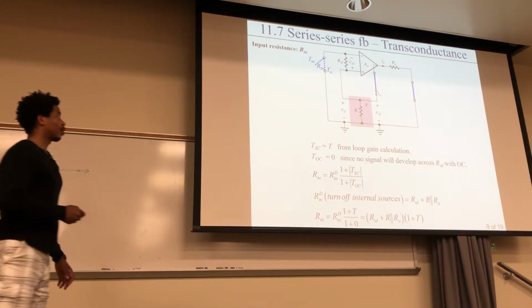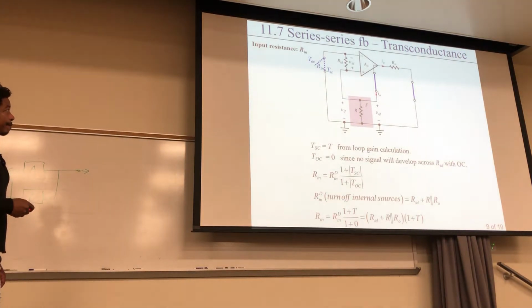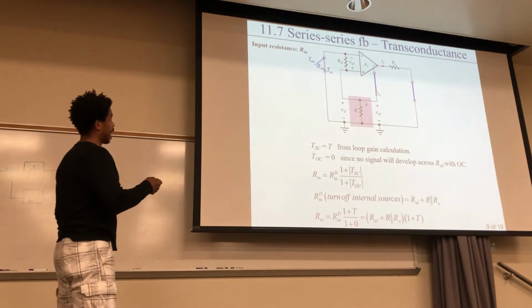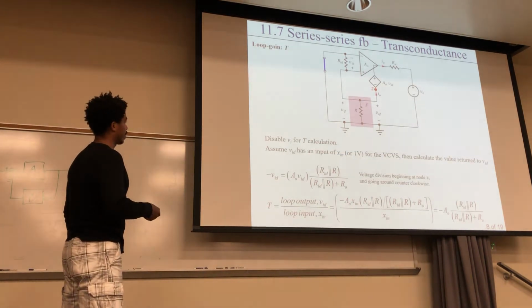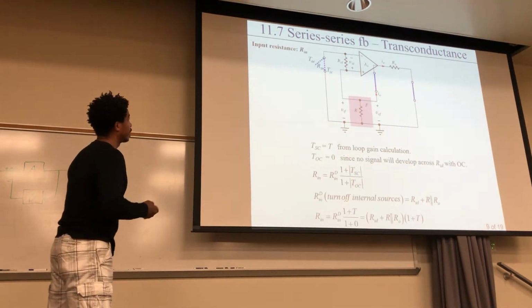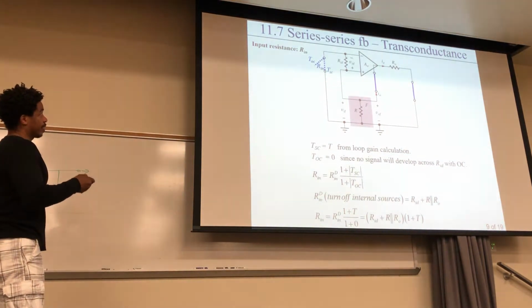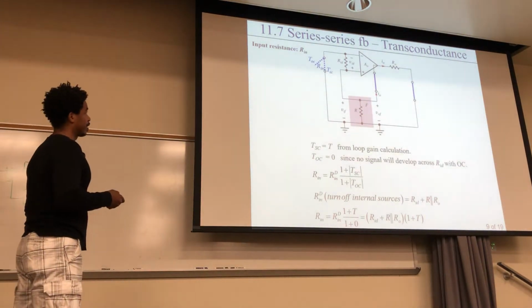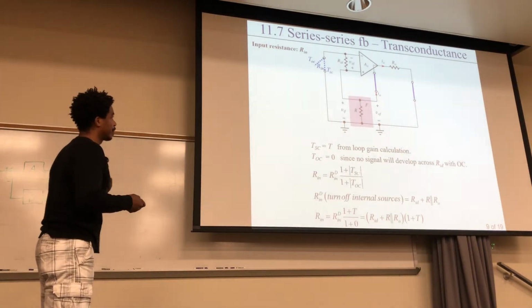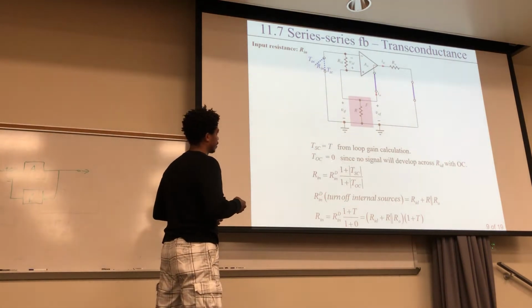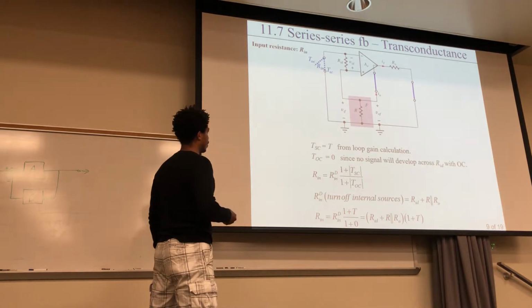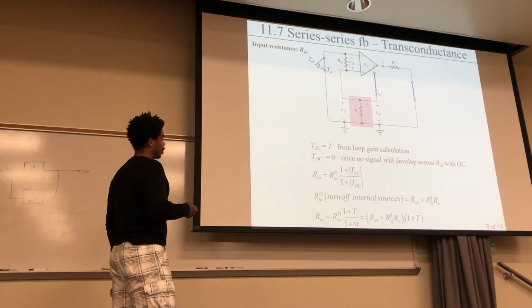Okay, so when you have a short circuit, which means this is just going through like this at the port you're looking into, that's just what we had last time for this short circuit. Same thing, right? So that's just what we've already calculated. If you have an open circuit right here, there's no path there, so the feedback loop is 0. So T open circuit is 0. So you just plug it into this.